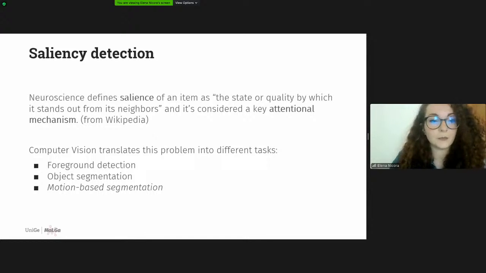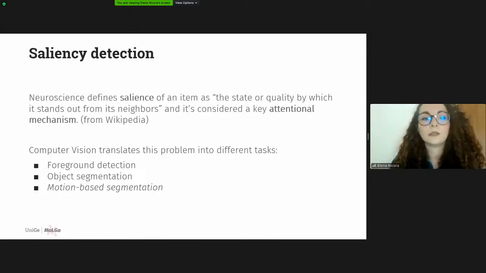So, for example, foreground detection and object segmentation base themselves on the spatial changes, on the appearance of the objects, and can be replicated both in images and videos.